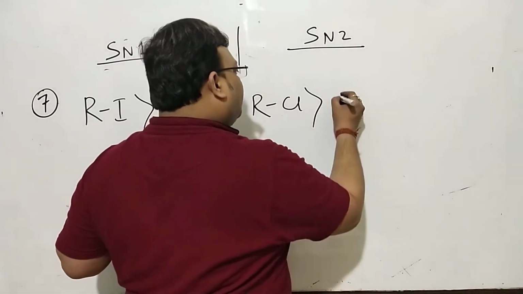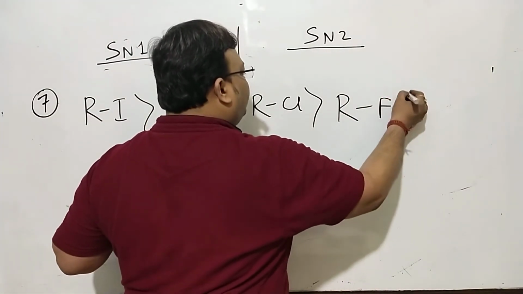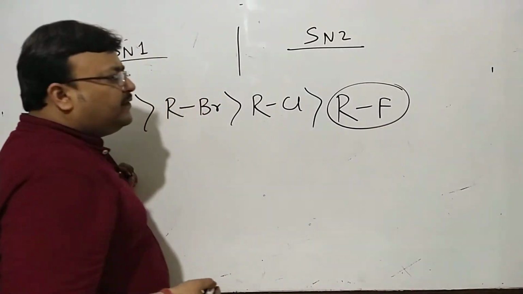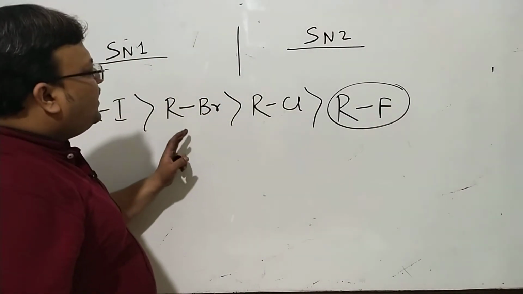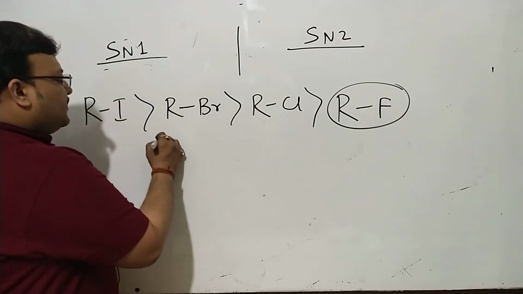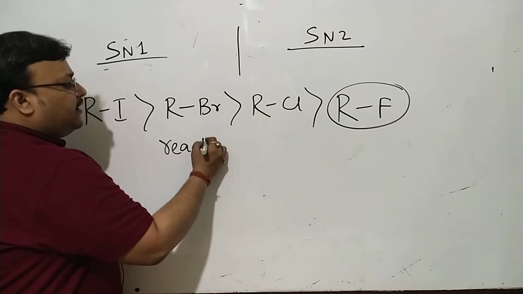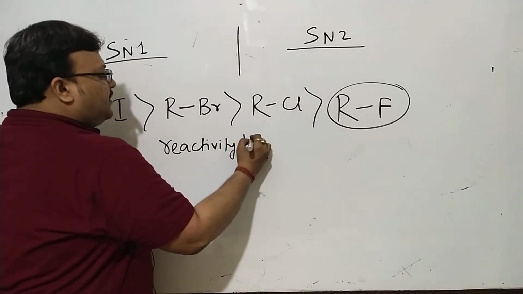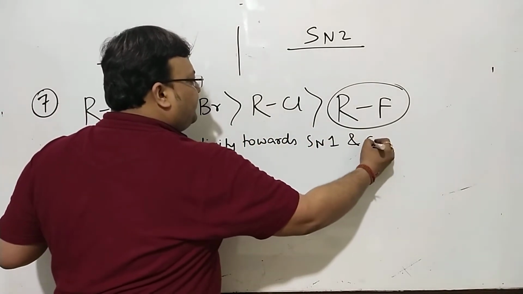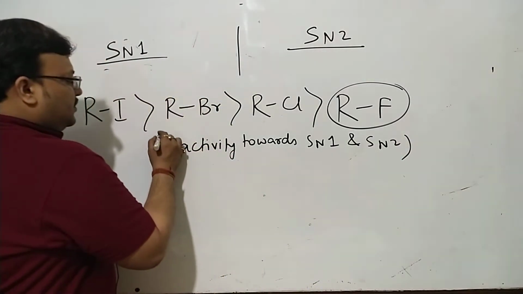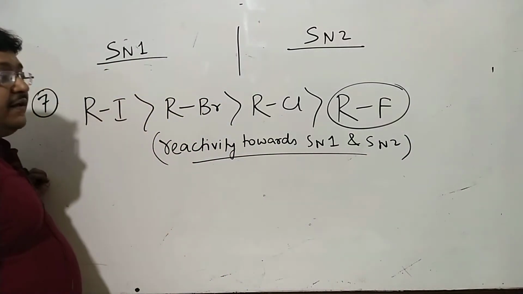And certainly fluorides are least reactive. We talk less about fluorides because fluorides are difficult to work with. But iodide more reactive than bromide, more reactive than chloride. This is again common to both SN1 and SN2. This is reactivity towards SN1 and SN2.